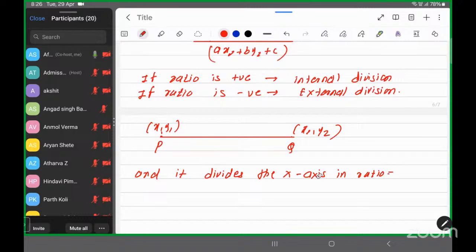No, I'm not saying like that. It doesn't divide the x-axis.